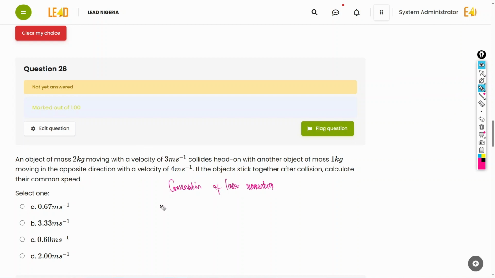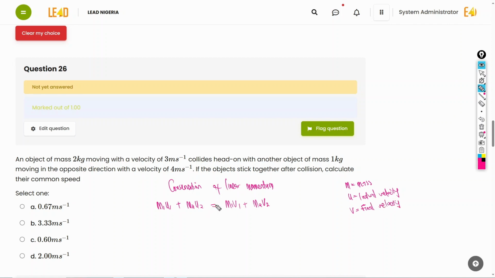So we have m1u1 plus m2u2 is equal to m1v1 plus m2v2. Okay, so m represents mass, right? So mass 1, mass 2. U represents initial velocity, and v represents final velocity.